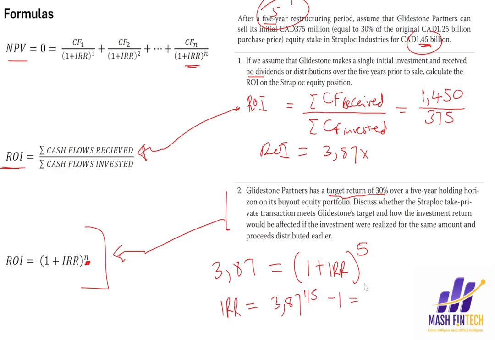If you calculate this, solve it in your calculator, you get 31.06%. And you see that this is greater than their target of 30%. And hence, since it's greater than the target of 30%, an earlier distribution of proceeds is going to benefit Gladstone's returns. So that's the answer for these two, based on simple applications of these formulas. Very straightforward to apply.